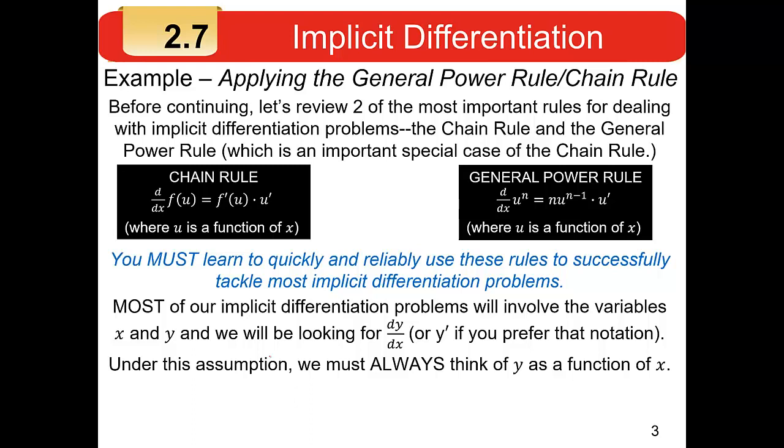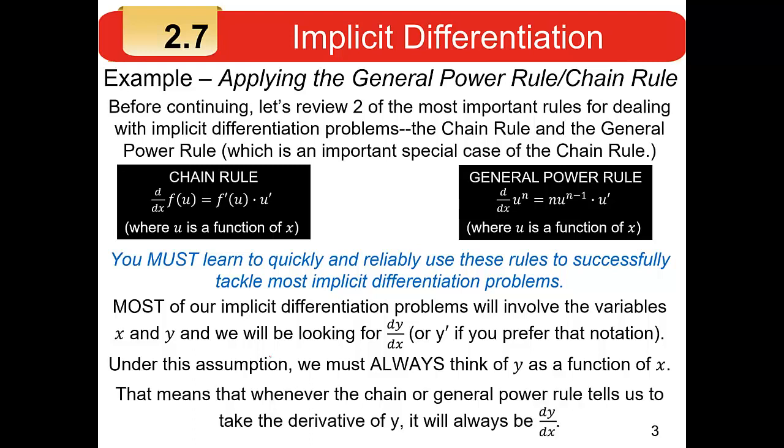Keep in mind, under the assumption that we're dealing with here, we always have to think of y as a function of x. In other words, y is something that's got x's in it. And that means, in turn, that when you take the derivative of y, you get y prime or dy over dx. In other words, if y is a function of x, what you get when you take the derivative of y is dy over dx.